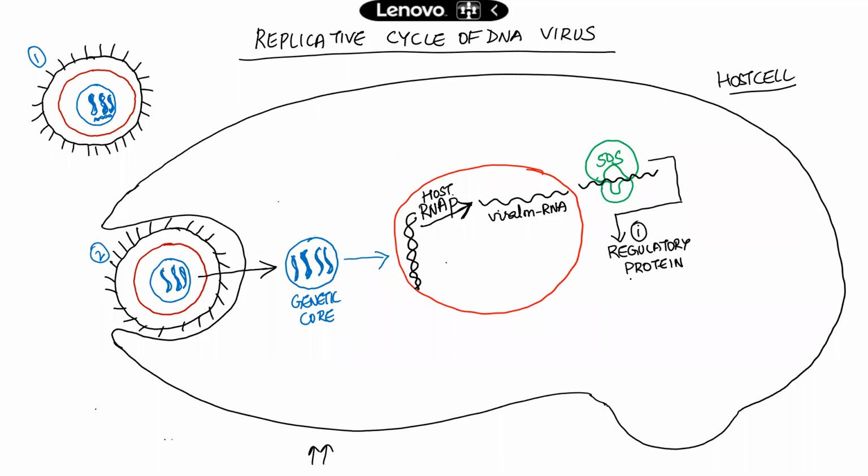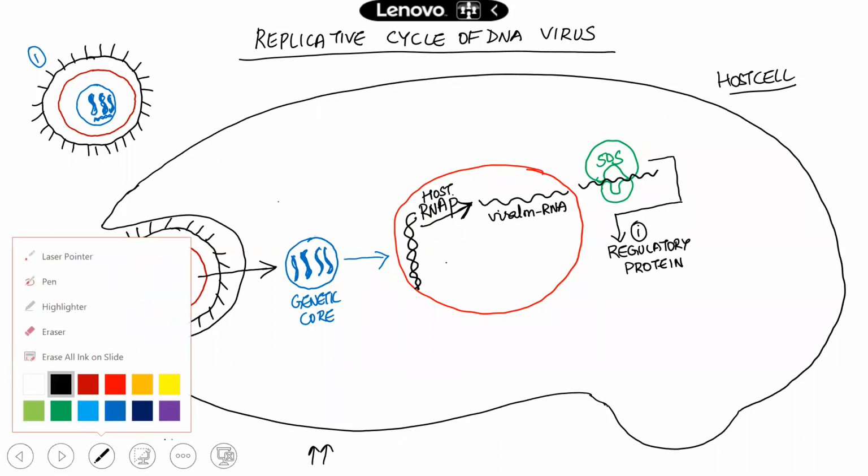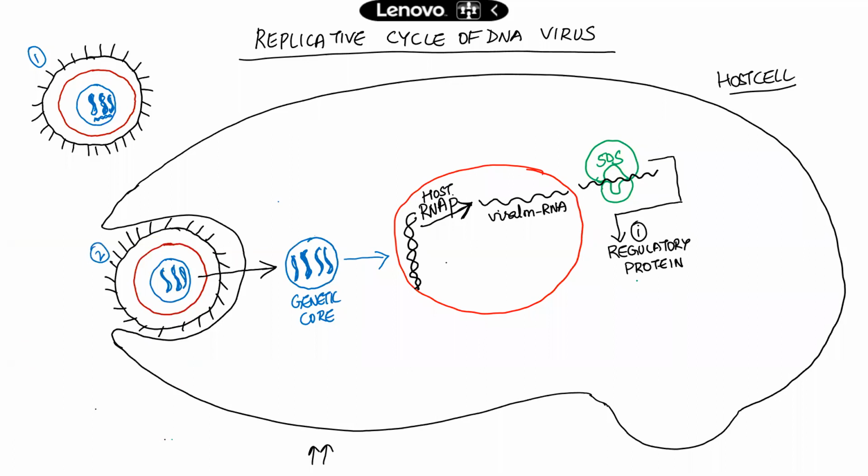So if you look carefully over here, this is the viral DNA polymerase acting on the genetic core, and it helps in the formation of new strands of viral DNA.